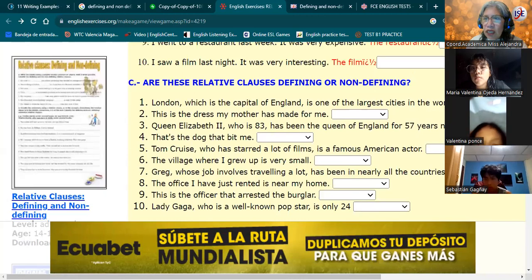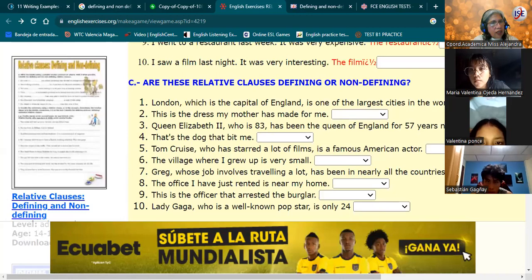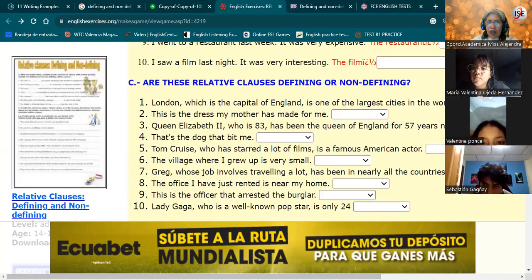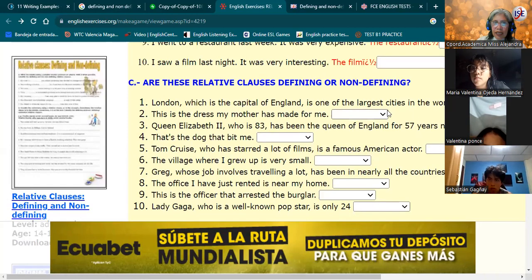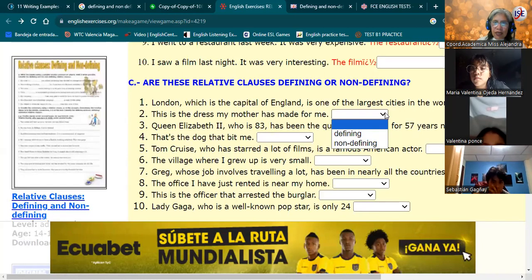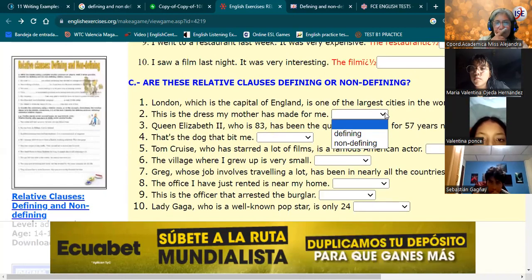Sebastian, London, which is the capital of England, is one of the largest cities in the world. Defining or non-defining? Non-defining. Okay. Valentina, this is the dress that my mother has made for me.